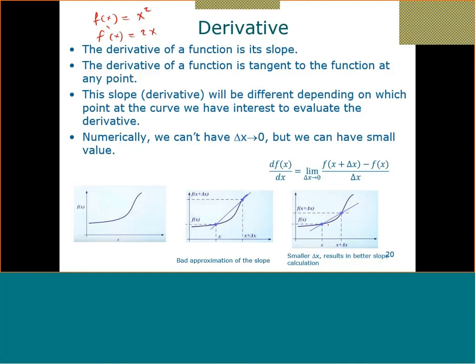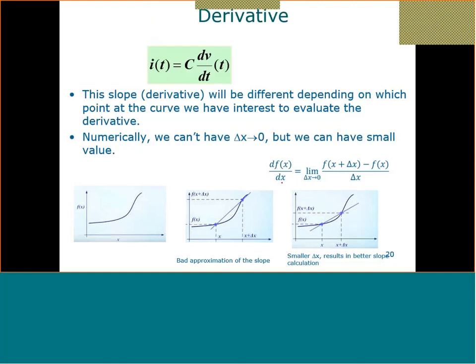In numerical methods, there is always an error because I cannot have a delta x equal to 0. I can have delta x a small number, but not equal to 0. Hence, there will be a certain error between the actual value and the numerical value. One of the things we need to work on is how to minimize this error, what is an acceptable accuracy, and what is the criteria to reach this accuracy. This is what we'll be discussing next week.